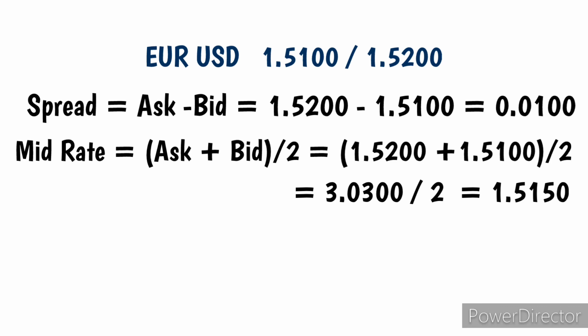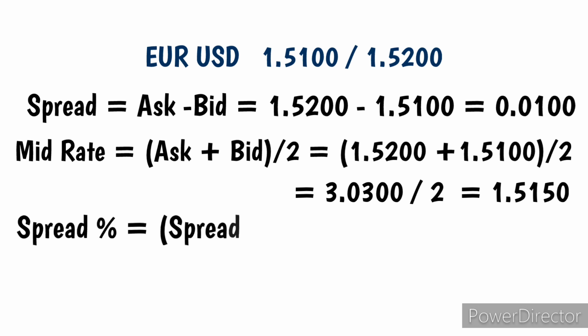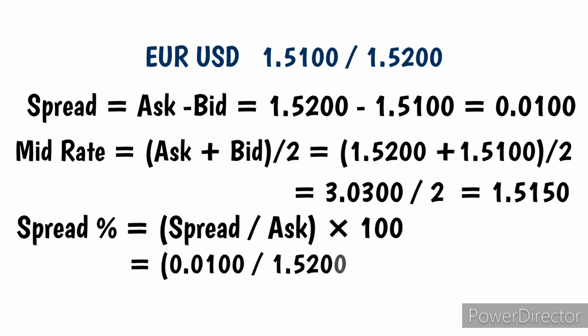Third, it is spread percentage. Formula is spread upon ask into 100 or ask minus bid upon ask into 100. You have already calculated ask minus bid over here. Use simply the same figure over there. 0.0100 upon ask is 1.5200 into 100.